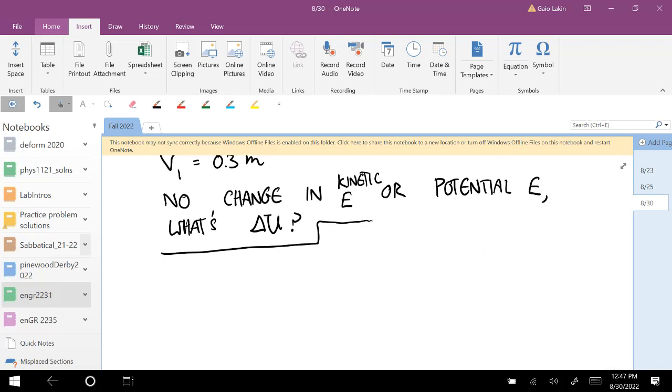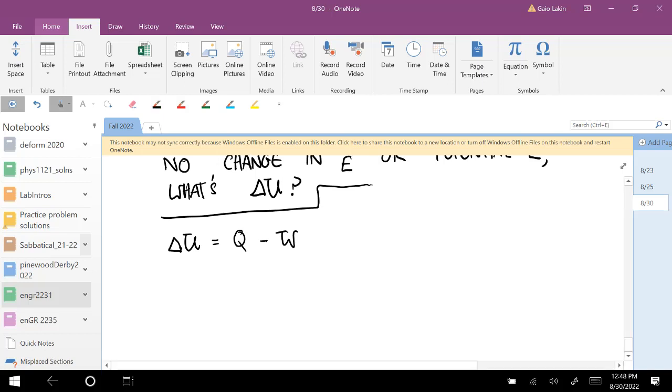So we're ignoring kinetic and potential energy. That means in this case, the equation we're dealing with is that the change in U is equal to Q minus W. And W is just work of expansion, so it's just going to be that integral. So let's figure out what work is.